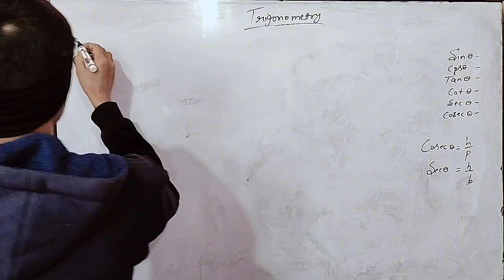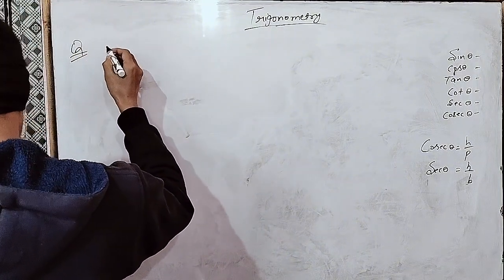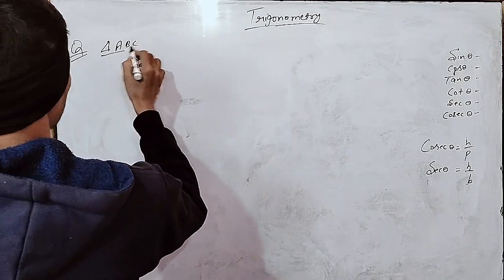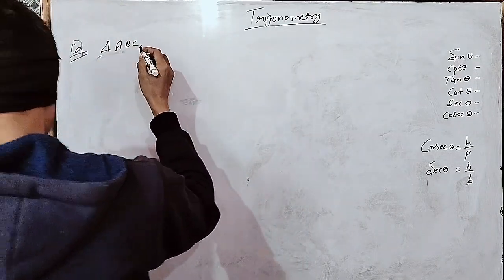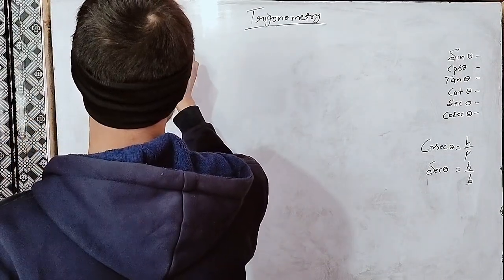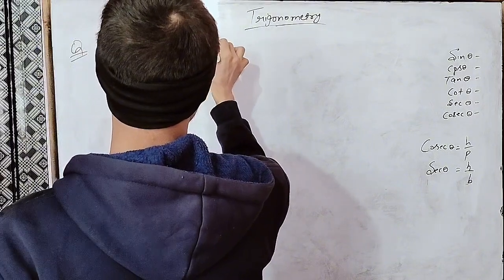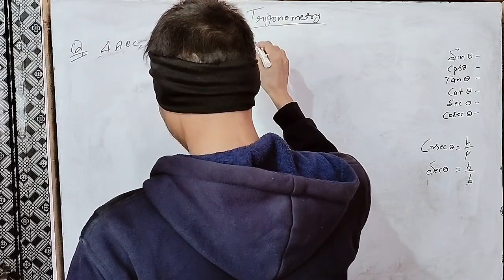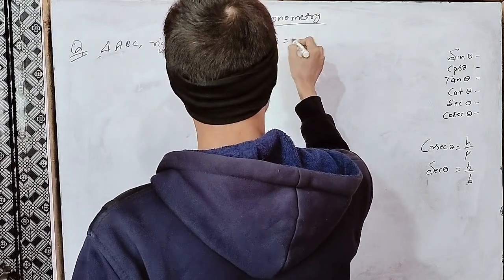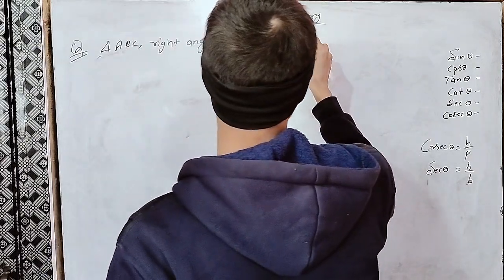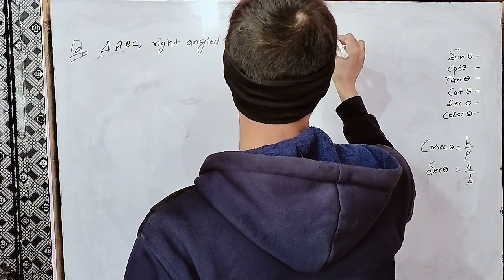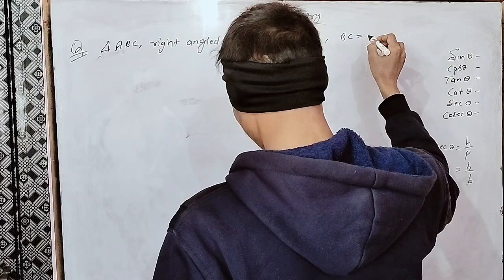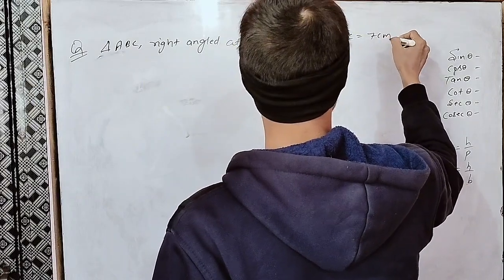Question number 1. Triangle ABC, right angled at B. AB is 20 centimeter and BC is 7 centimeter.